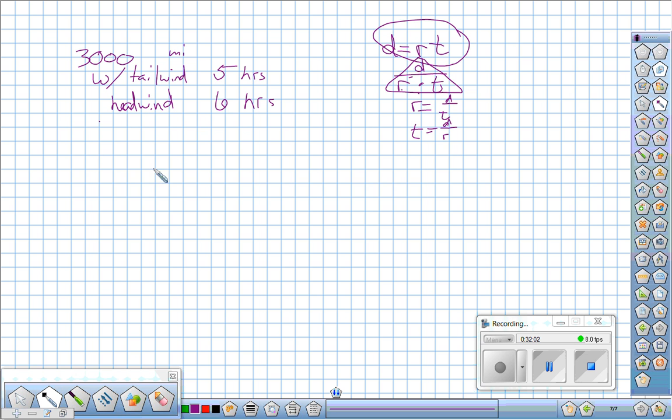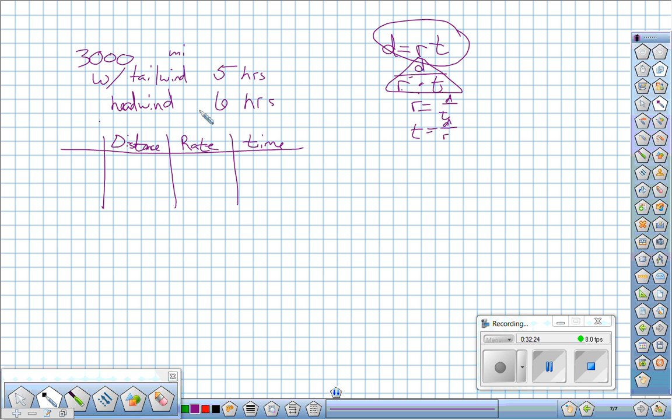So in my little table, I'm going to make a column for distance. I didn't spell distance very good, but you get the idea. One for rate and one for time.